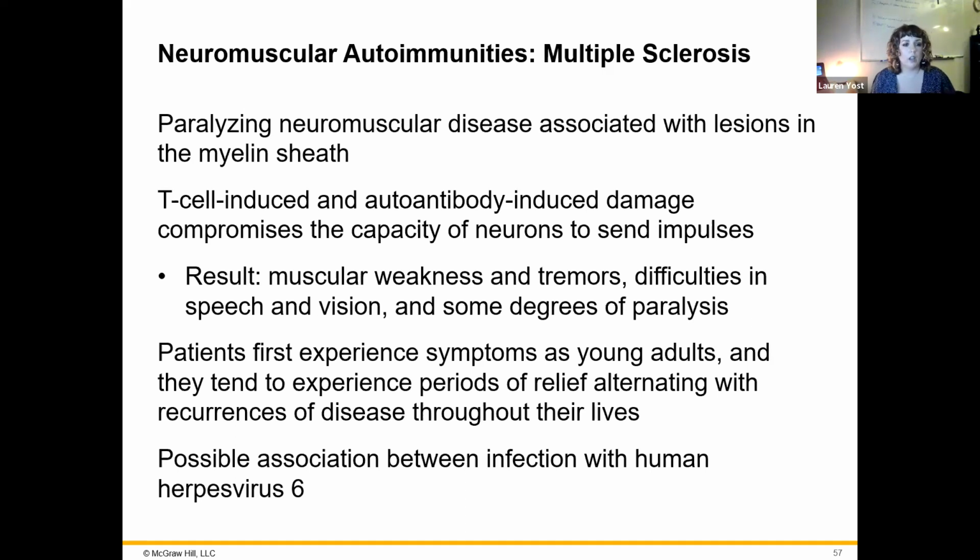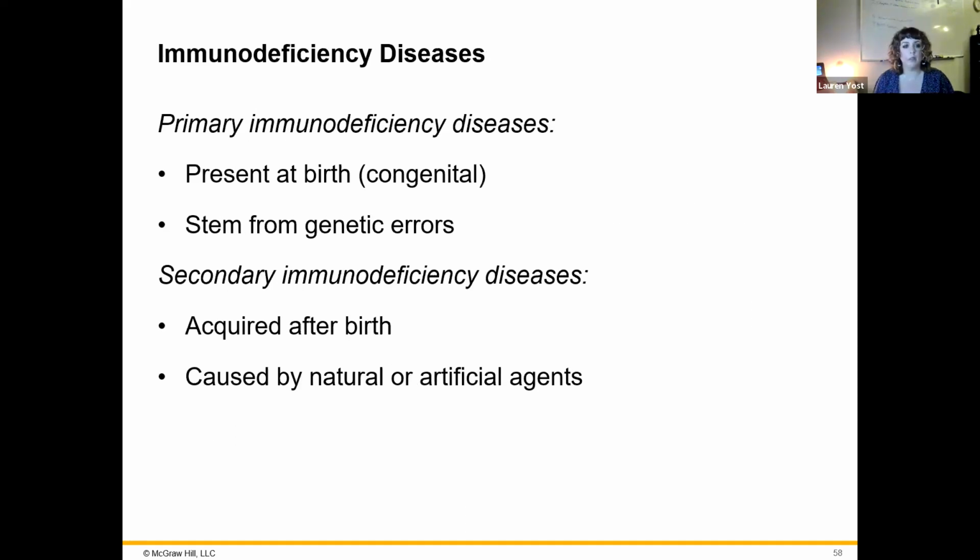But essentially, we have T cell and autoantibody caused damage to those areas, and that causes damage to the nerve's ability to send impulses, resulting in muscle weakness, tremors, difficulties in speech and vision, and sometimes paralysis as the autoimmune disease progresses. We can see this as early as young adulthood. Some people have this a little bit later in adulthood. We think this is associated with human herpes virus 6 infection.